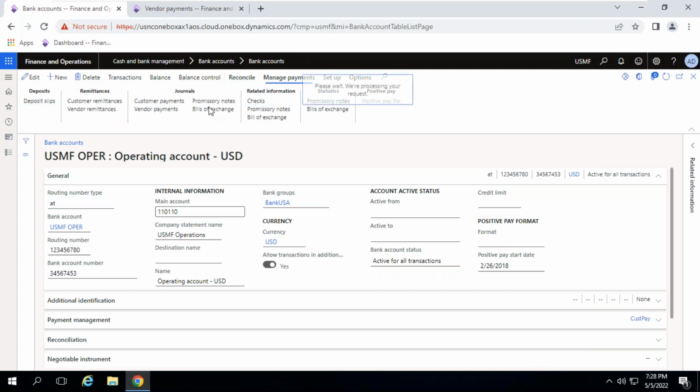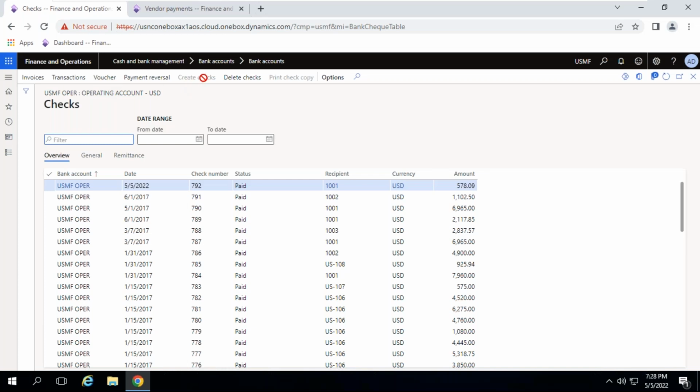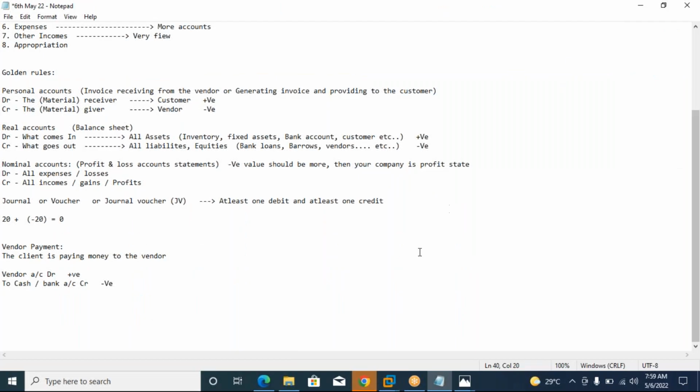You can create checks using the create check button. If it is free, you need to enter them in the transaction. Okay. Understood? Yeah. Fine. Thank you.